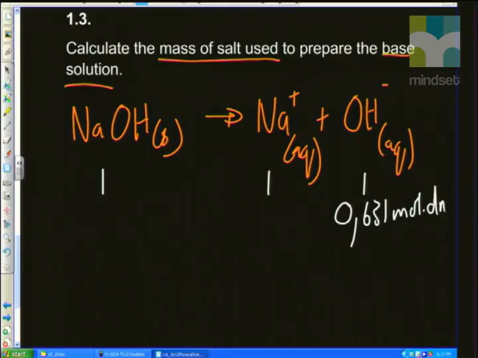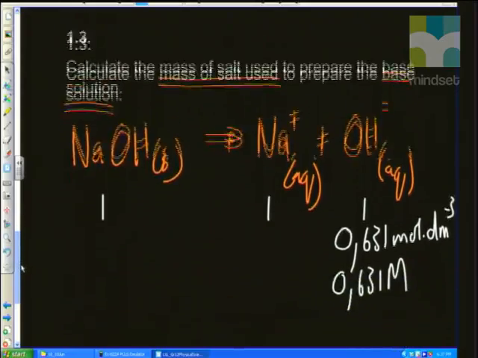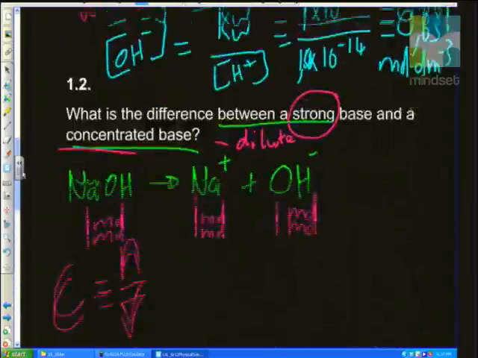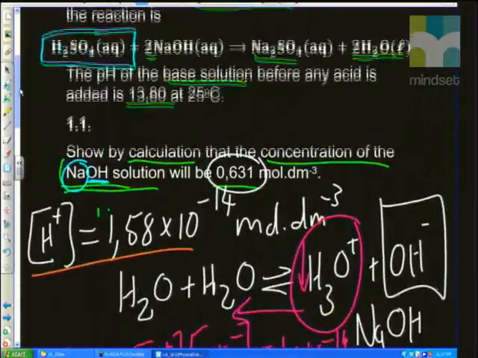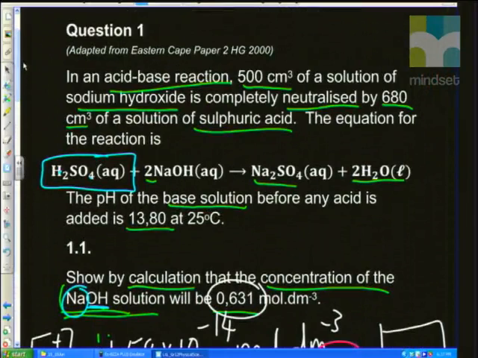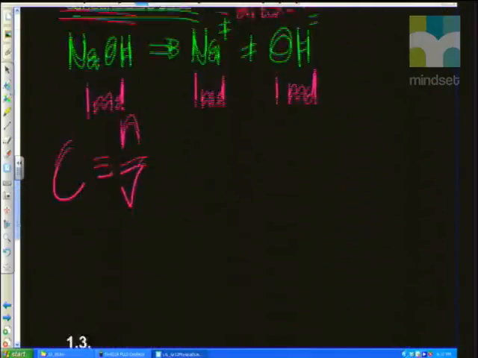Another way of writing that is 0.631 with a capital M, molar. Now, that's the concentration. It doesn't tell us the number of moles. Let's see what the volume was. We're told solution 500 centimeters cubed. So we want to get the number of moles.